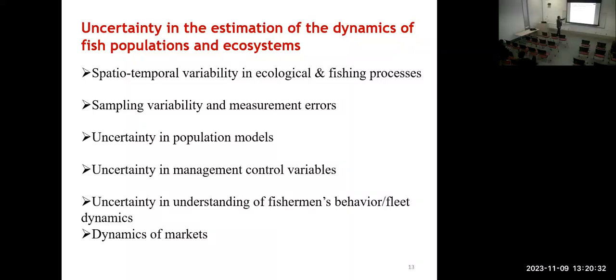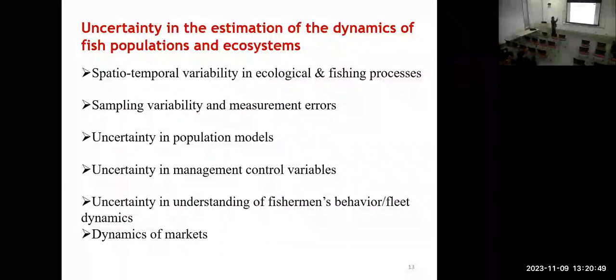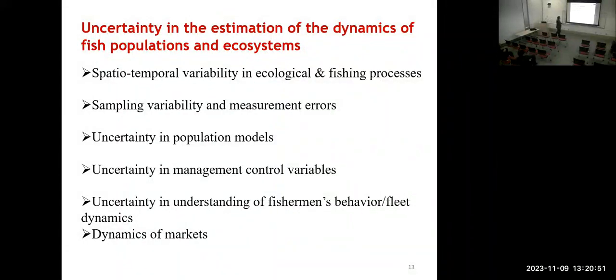So in order to do that, the very, very important part is that we need to reduce uncertainty. We want to know how exactly population dynamics change, and how the ecosystem may change them. Those are uncertainties, and I listed a few uncertainty sources here.